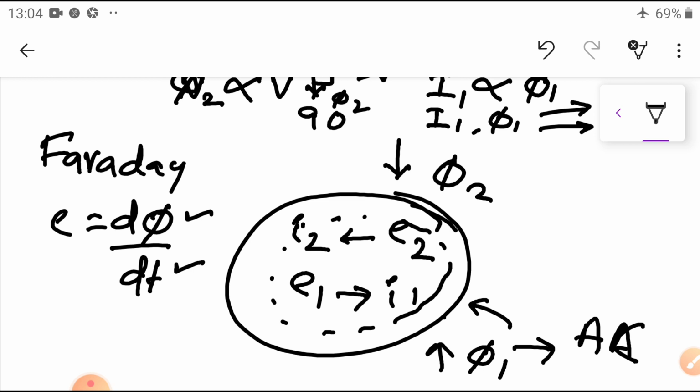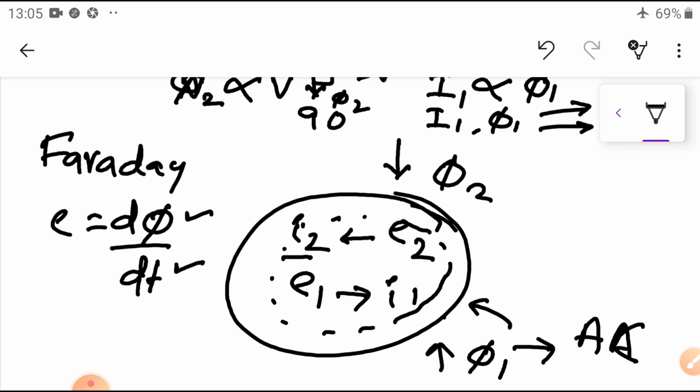The currents I1 and I2 also produce their own magnetic flux. So this own magnetic flux, what will happen? It also opposes the cause of its production. Where is the cause of its production? So due to this, automatically the flux tries to avoid it.